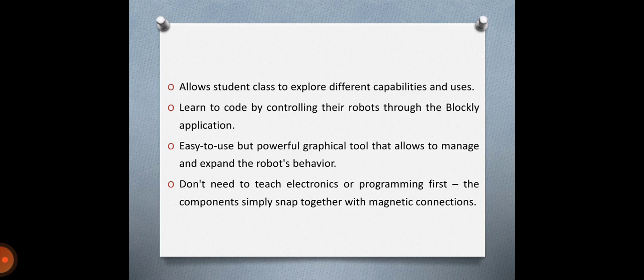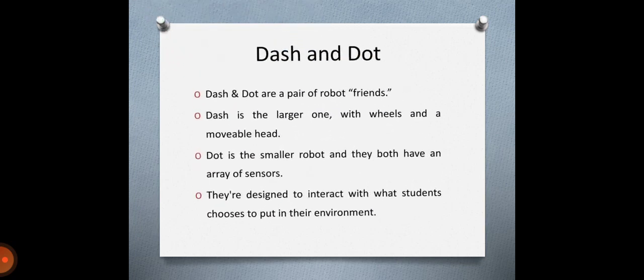As I already said, it's a graphical tool, so it's very easy to use, and it allows students to manage and expand the robot's behavior. Students do not need to be taught electronics or programming. They can simply snap the robots together by the magnetic connections.